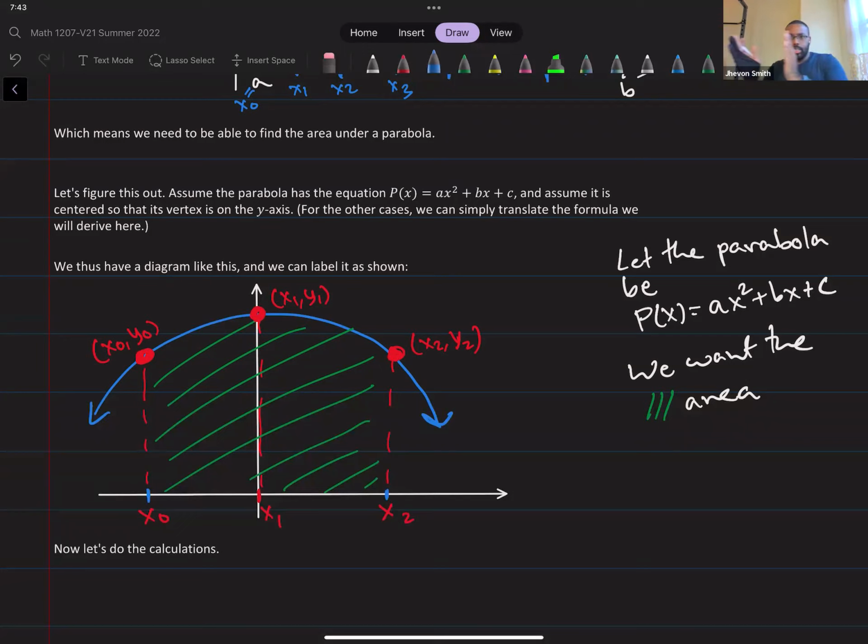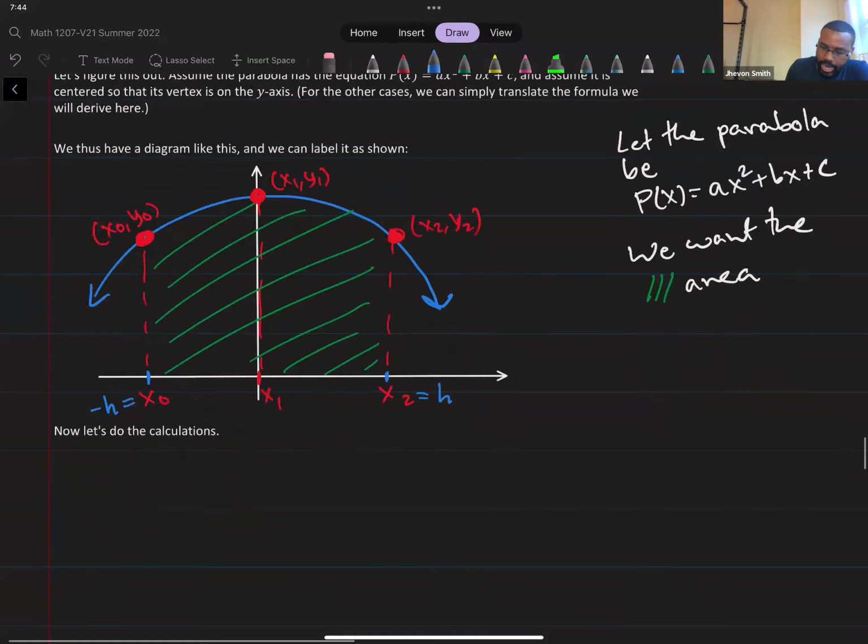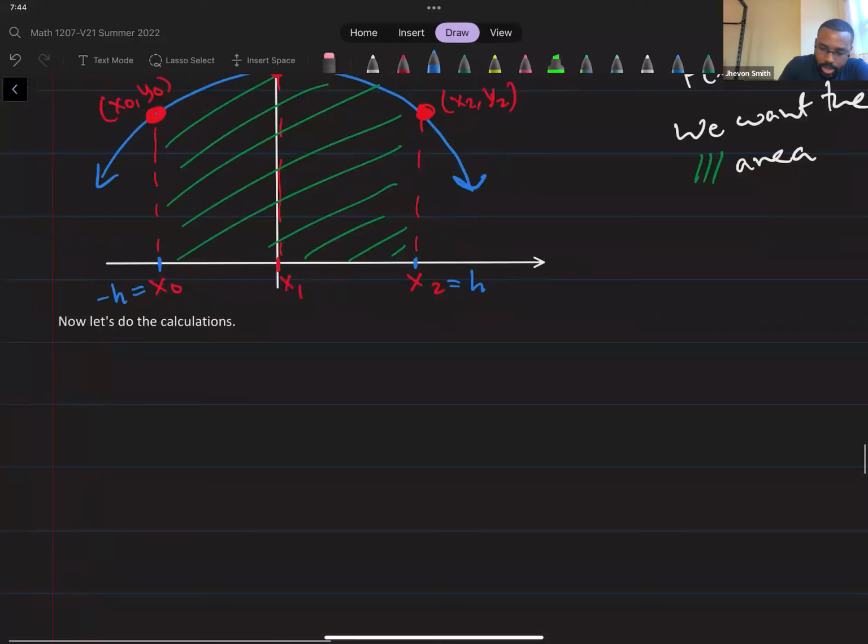So if we can find a general formula where the parabola is mid-centered on the axes, this is at, say, we usually call this minus h to h, but for us here, h is literally delta x, right? But we're going to use just some shorthand notation. So we can actually do the calculation for the area under this curve.